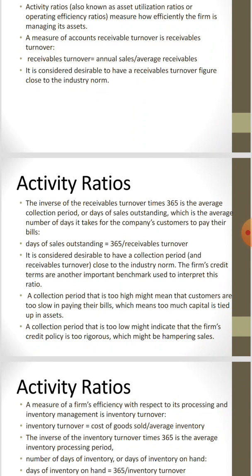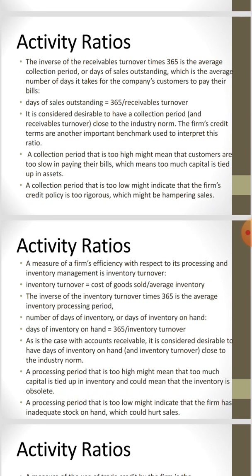If it is too high, it might mean that the customers are too slow in paying their bills, which means that too much capital is tied up in receivables. If it is too low, it means that maybe we're too strict. Our credit policy maybe is too rigorous, which might also hamper our sales.